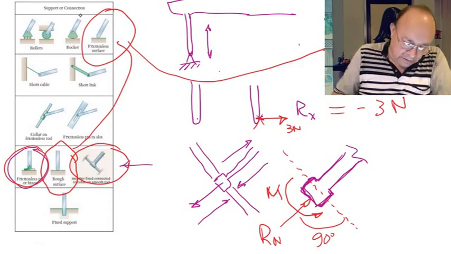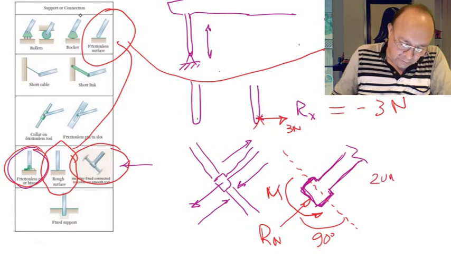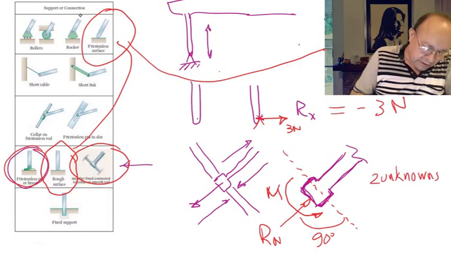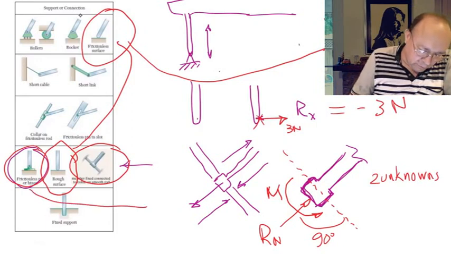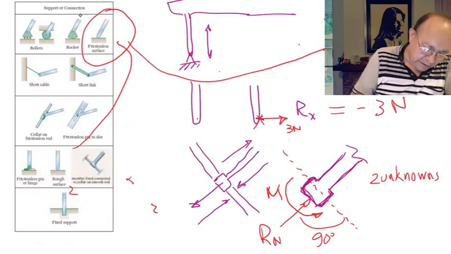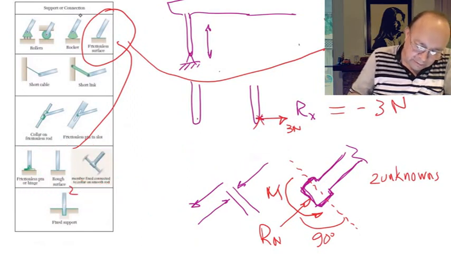So this kind of support has two unknowns. So this one has two unknowns, this one has two unknowns also, and this one has two unknowns. They are a little bit different. Let's put it here again, in a little better shape.